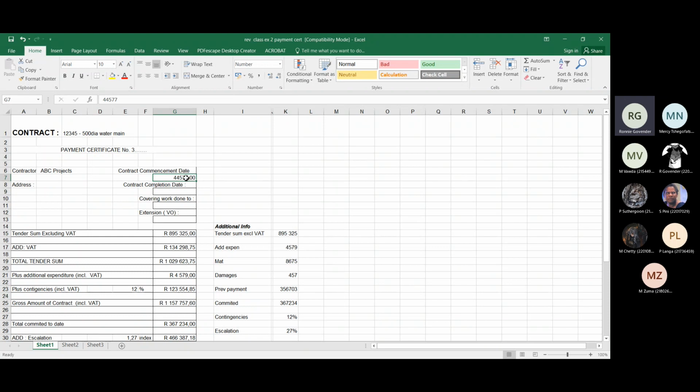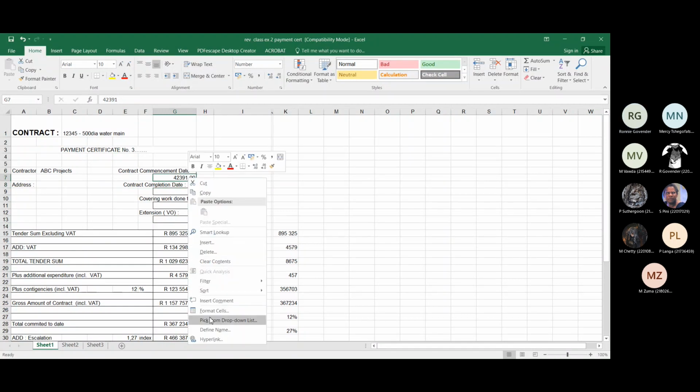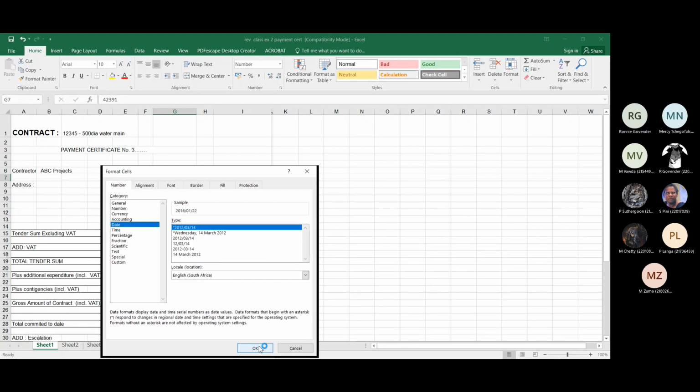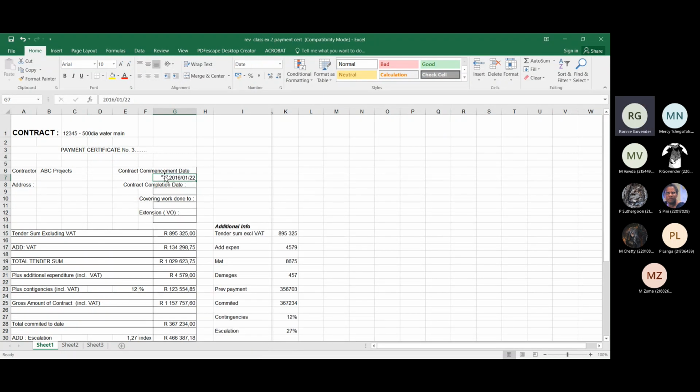Contract completion date, I'm just, what happened there now? Okay, I need to put the date in the date format. Oh, let me go and format that quickly. Okay, that one, and I presume this would be the same here as well.